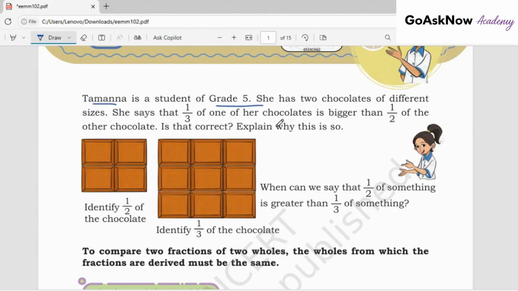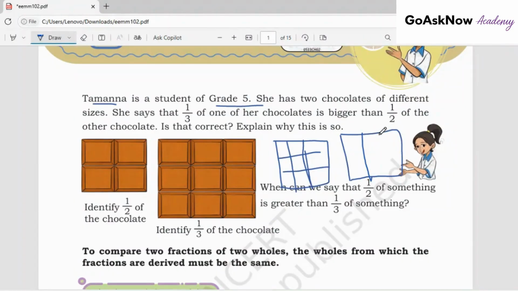Here, let us calculate. For example, I am taking the chocolate of here. How many blocks are there? 1, 2, 3, 4, 5, 6, 7, 8, 9. Here also 9. The total number of blocks is 9.